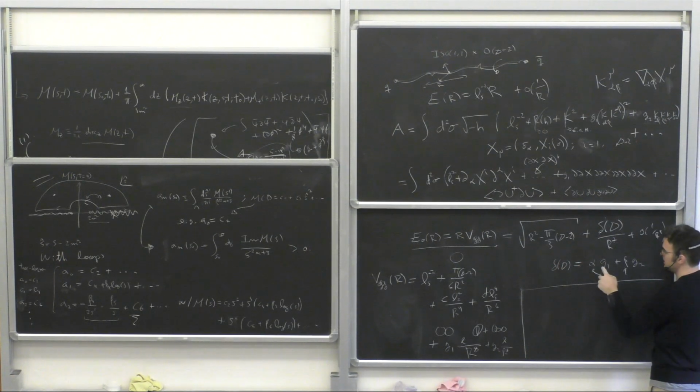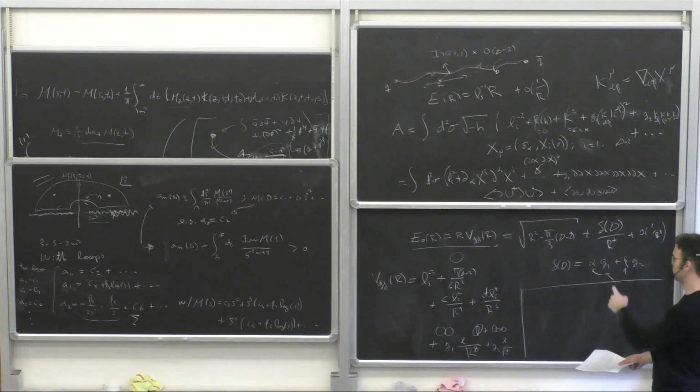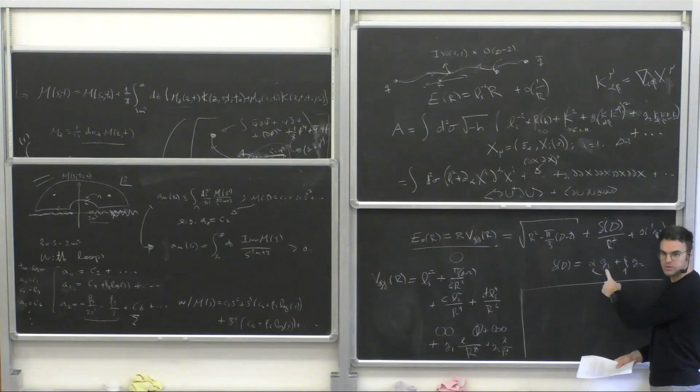Okay, and now what we would like to do is to bound these coefficients. These coefficients, by the way, can be and have been measured in the lattice, in recent years. And now we're going to use the S matrix to bound these coefficients. Which S matrix?